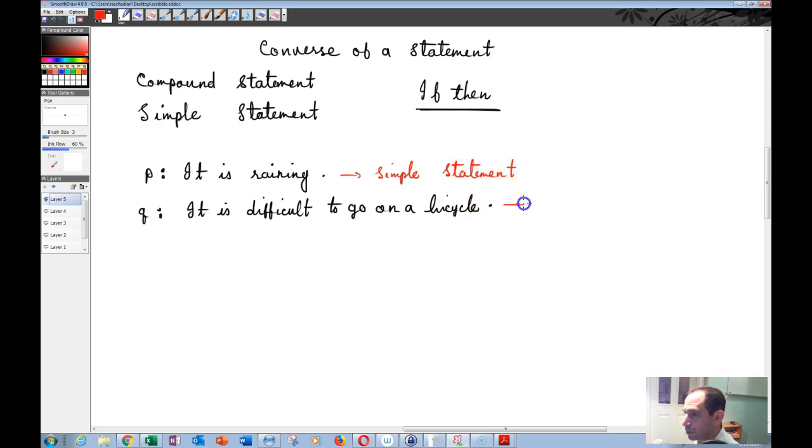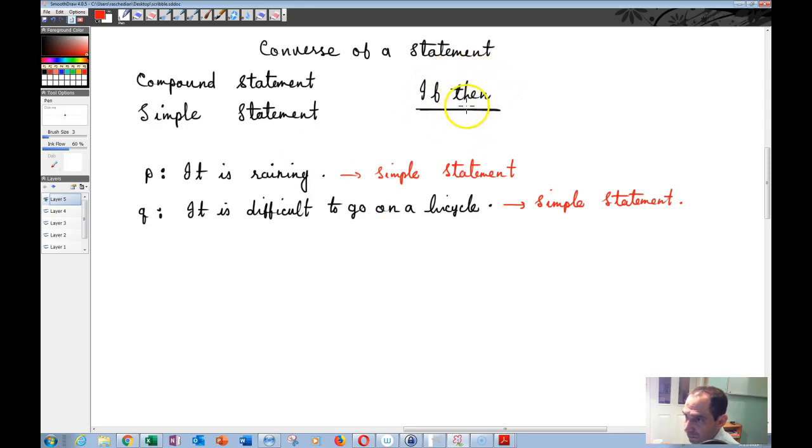Of course, that's only one way that you can put these simple statements together and make a compound statement, using if and then. Otherwise, there are other ways as well.